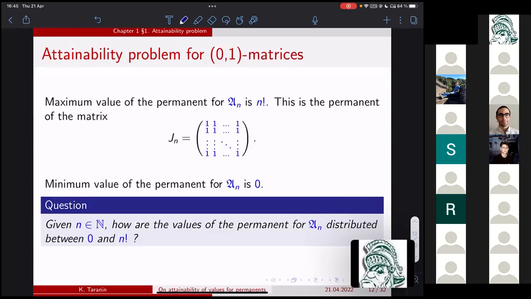So just to repeat, the permanent of a 0,1 matrix, as well as of any non-negative matrix, equals 0 if and only if there is a zero submatrix of size P by Q such that P plus Q is greater than N. But what about the values between 0 and n factorial?